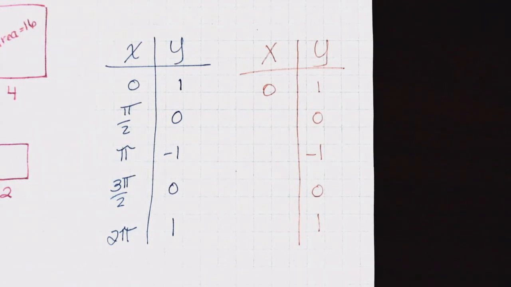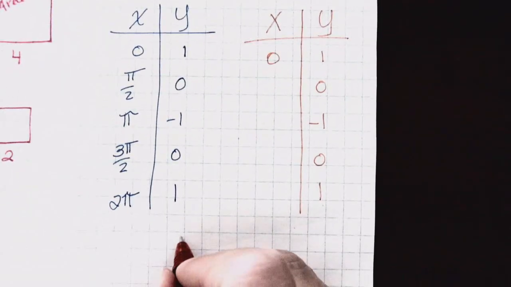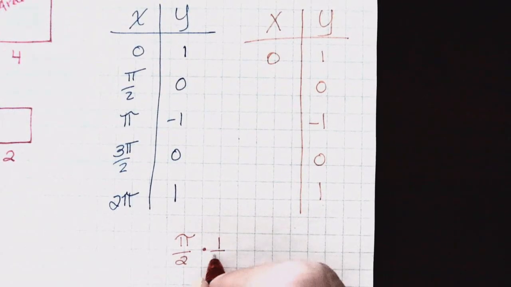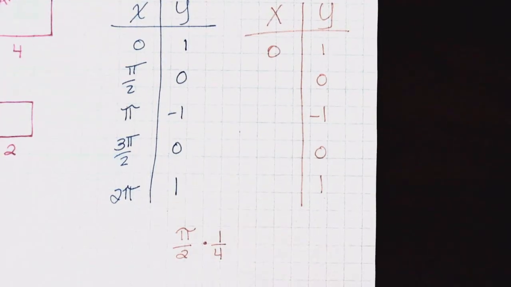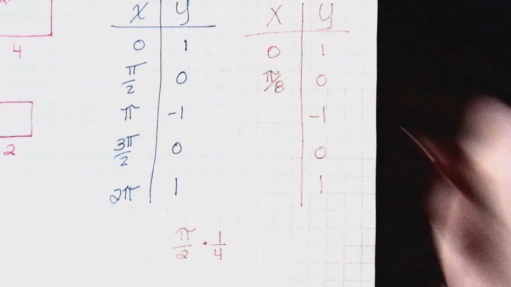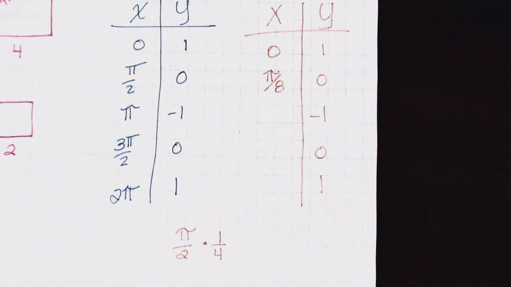Wait, it's pi over 4. Okay, we're gonna go here. Pi over 2 times by 1/4. Oh, pi over 8. Sometimes our brains need to kick into high gear. Pi times by 1/4.